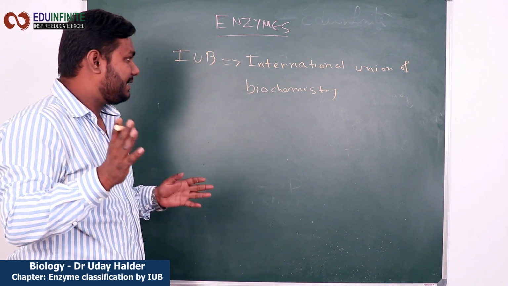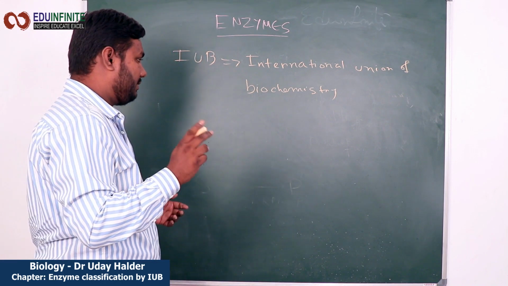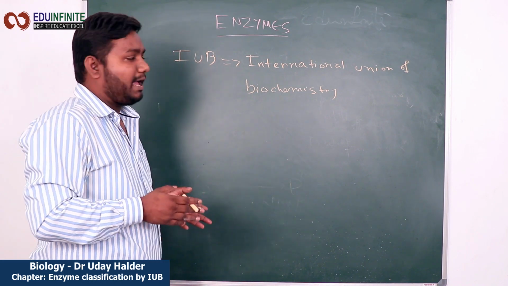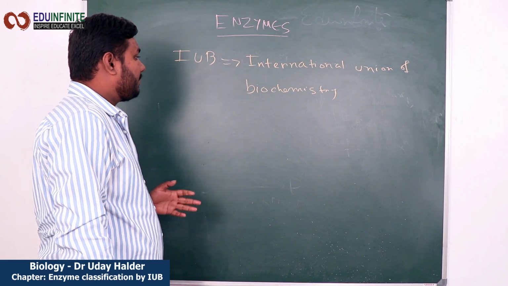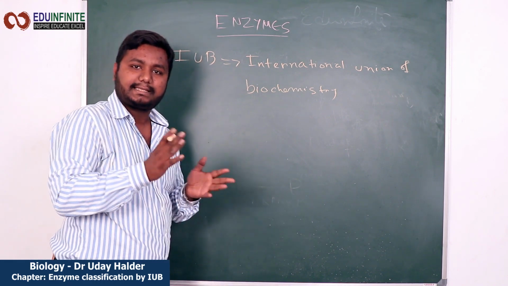According to your NCERT, it is 6 classes, but nowadays it is 7 classes actually. I'll talk about that later. So, according to NCERT, I'm going on. IUB has divided all the enzymes into 6 classes.